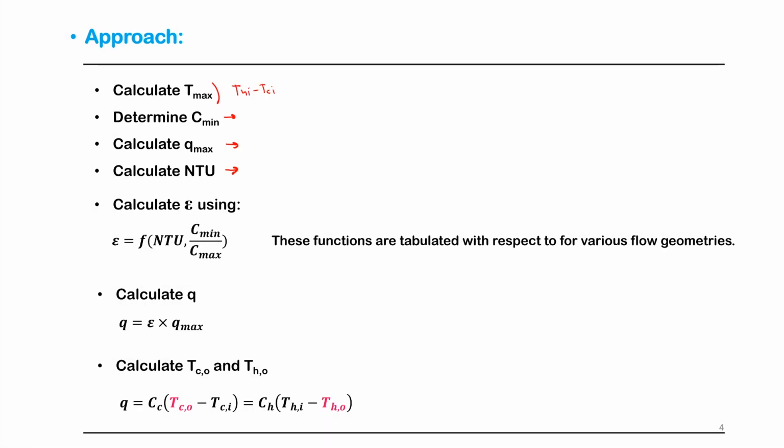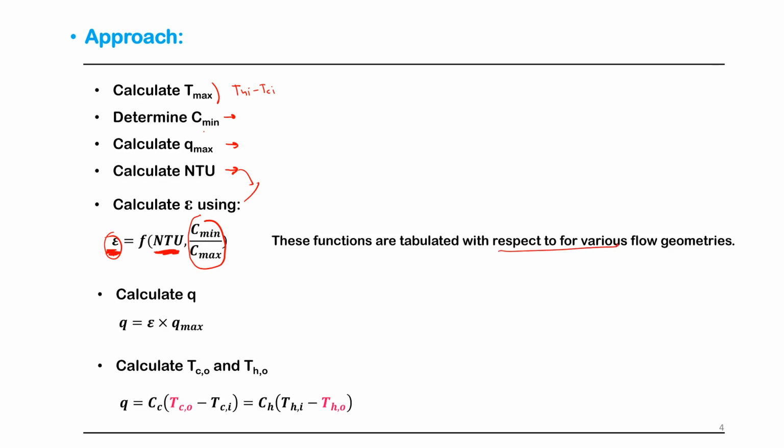Then, based on NTU and C min over C max, you calculate epsilon. There are graphs and equations that allow us to calculate epsilon. NTU we calculate based on the area and overall heat transfer coefficient. C min and C max we compare and determine.